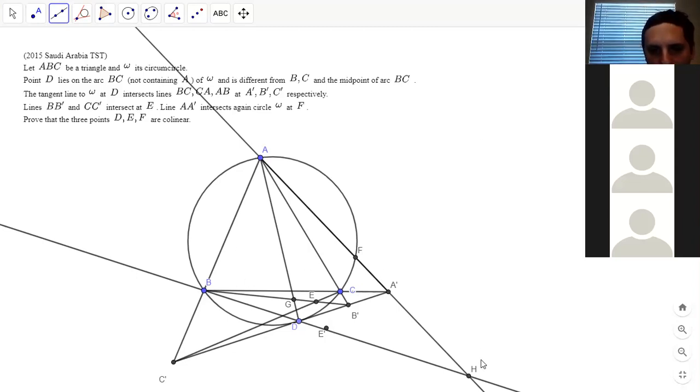So AF A prime H would go to AF CD. And then, that's weird. So wait, I had AFDB, and I projected through D onto AH. And so I got AF A prime H. Then I projected through E. And so I get AFCD. I think so.